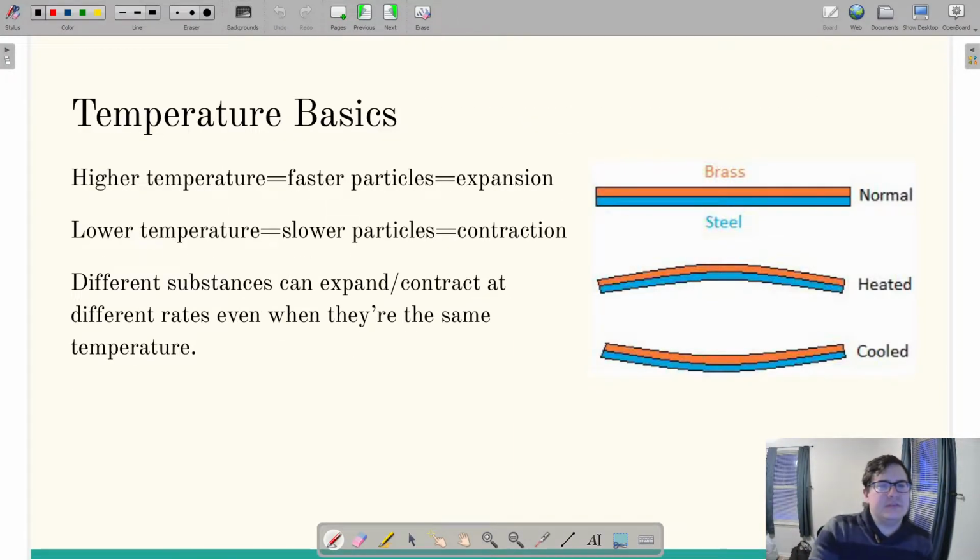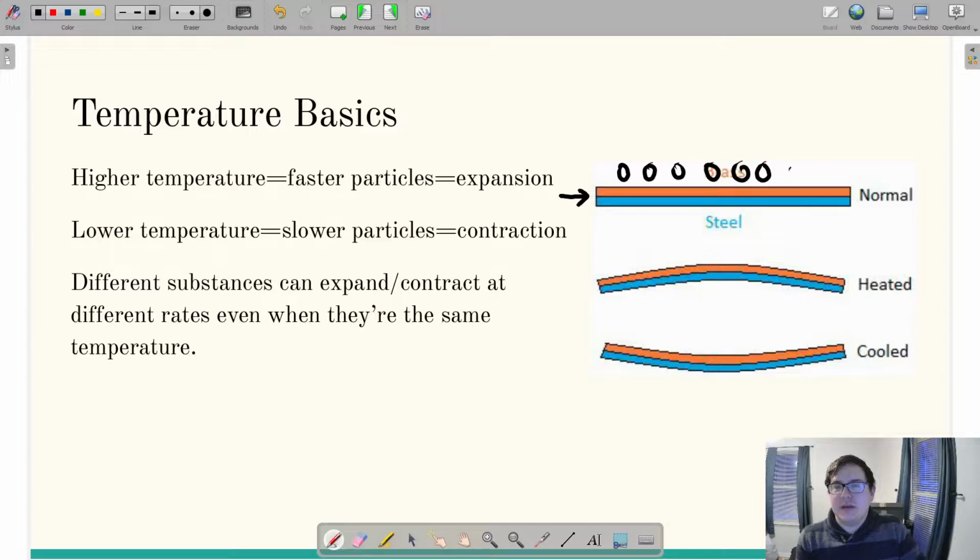So let's look at this. A higher temperature means faster moving particles, which means those atoms want to expand, and so those atoms get further apart. This is called a bimetallic strip, and I have one of these in class that I can show you. What you do is take one end of it and heat it; it doesn't really matter which end you heat. Let's say there are a couple of atoms.